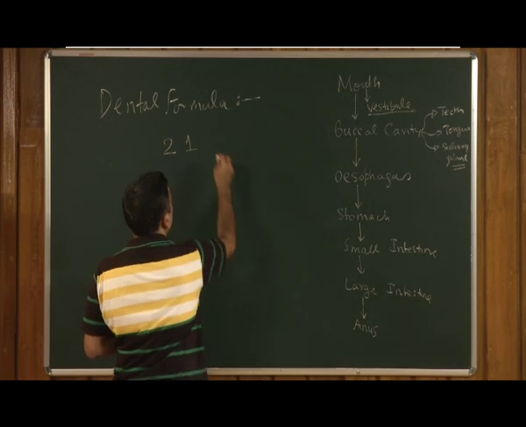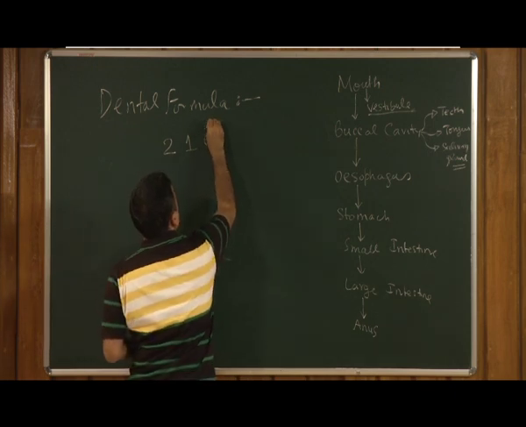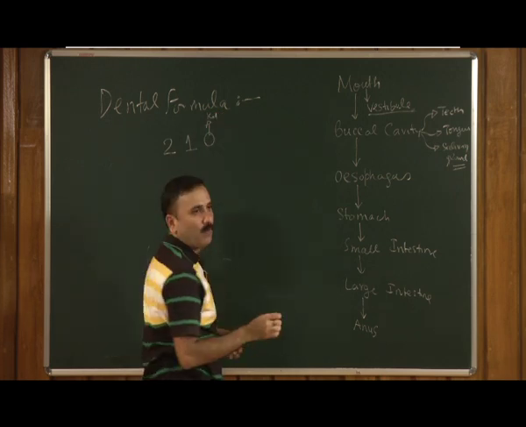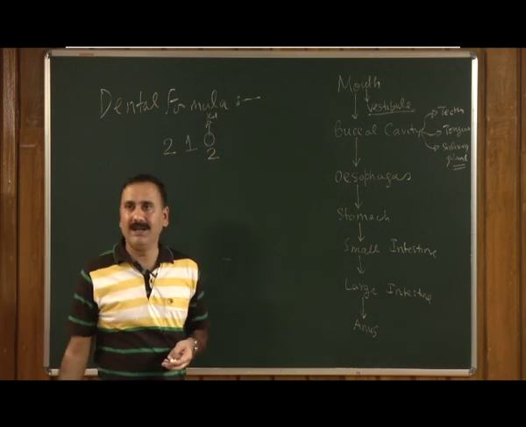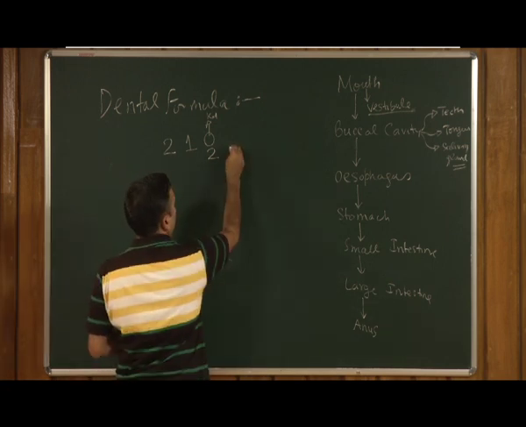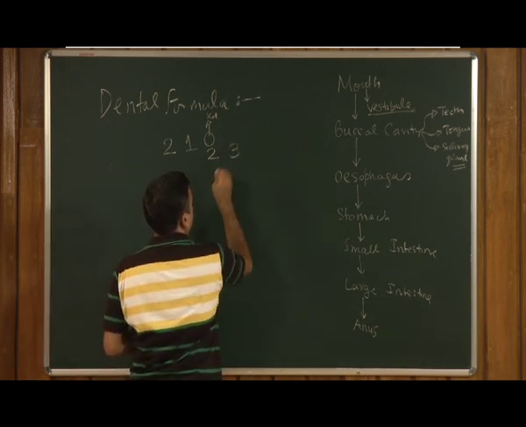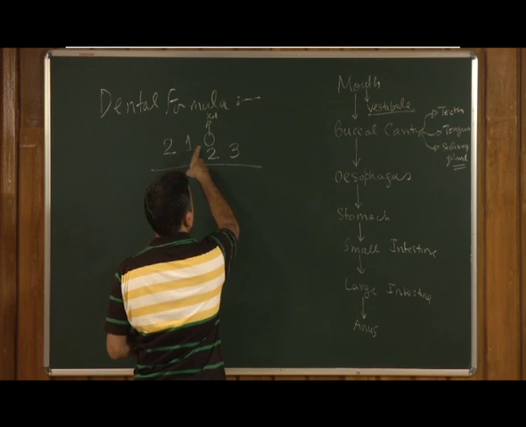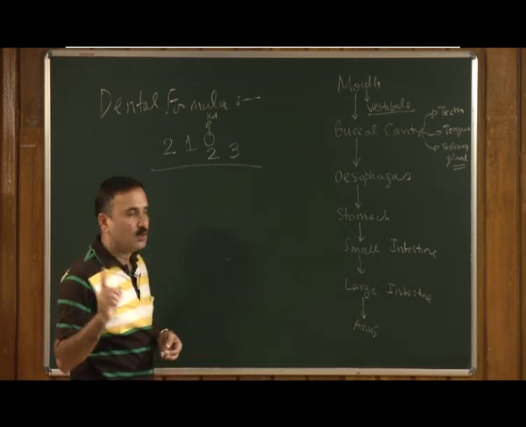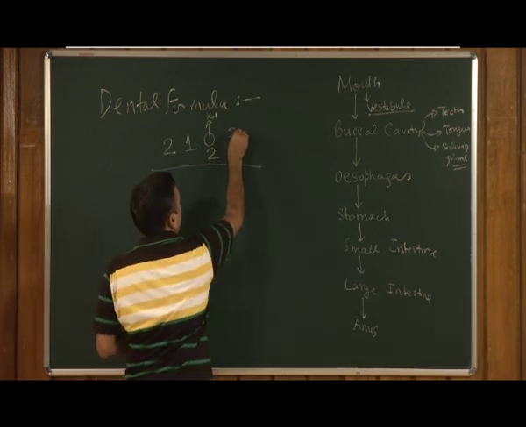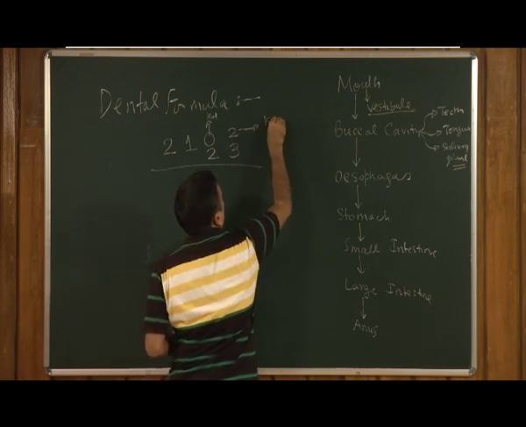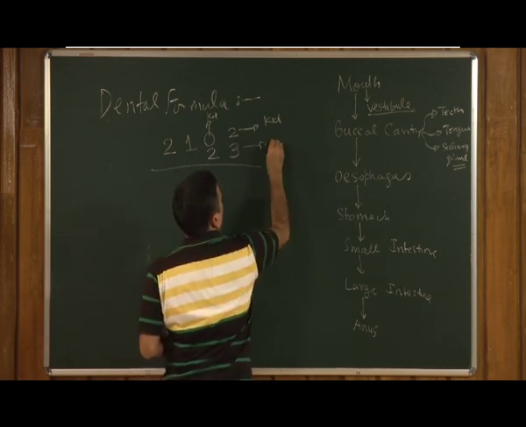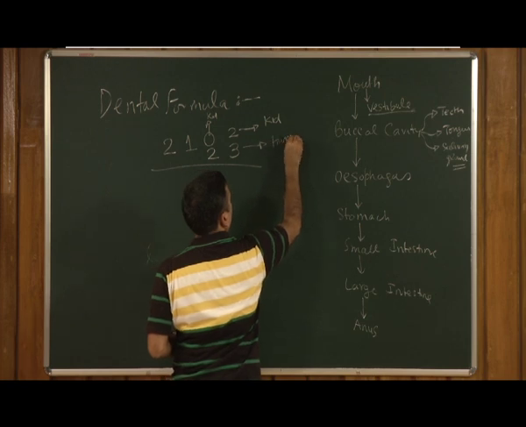We have 0 premolars in the case of kids or infants, whereas we have 2 premolars in the adult, and then we have 3 molars, whereas in the case of kids we have 2 molars. So, this is the dental formula for a kid and this is the dental formula for a human adult.